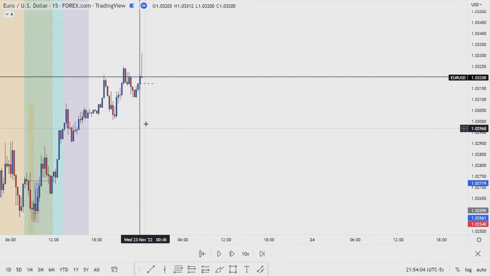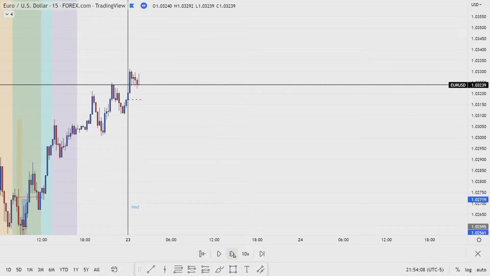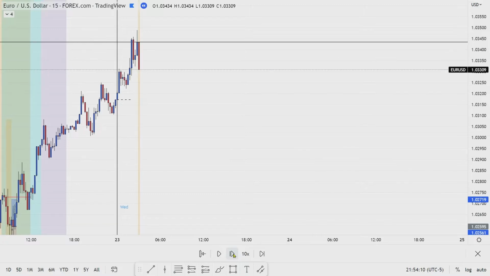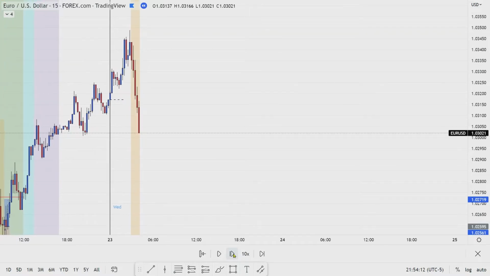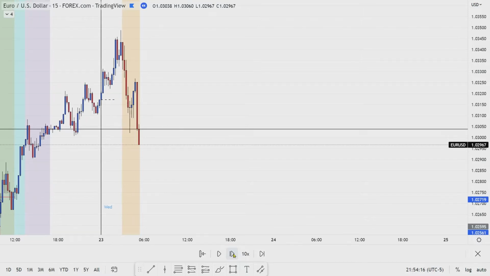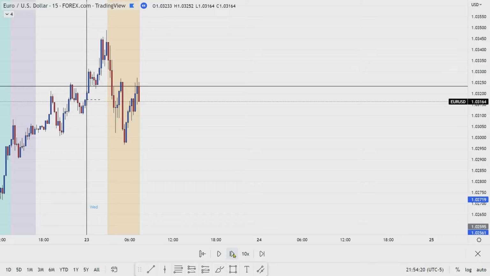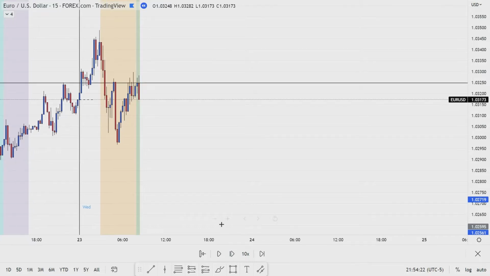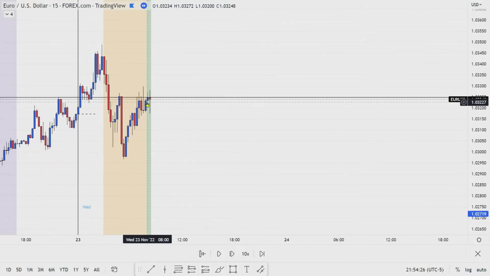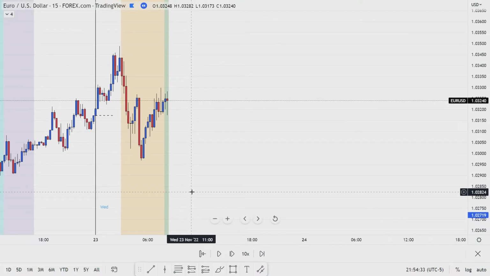We have that line marking the new day. We have now entered London session. All right, so we're now back in New York session, morning New York session opening for Wednesday for Euro USD.